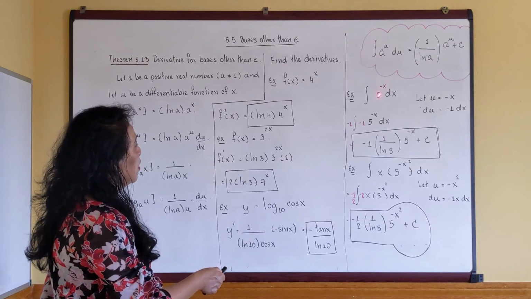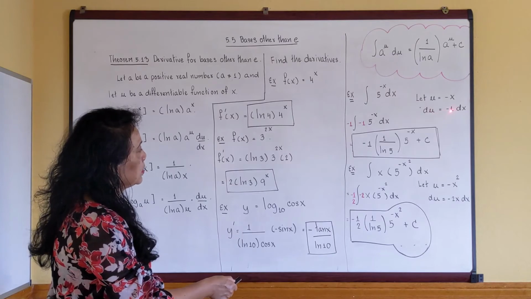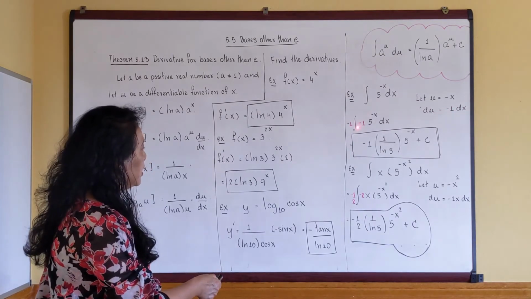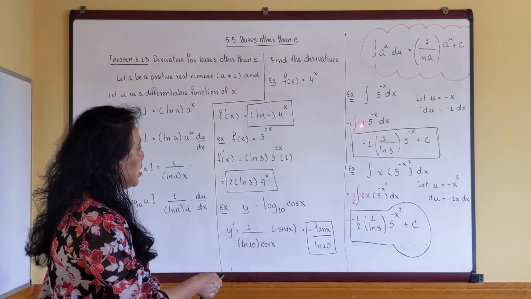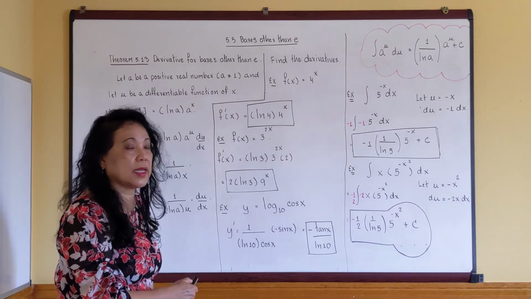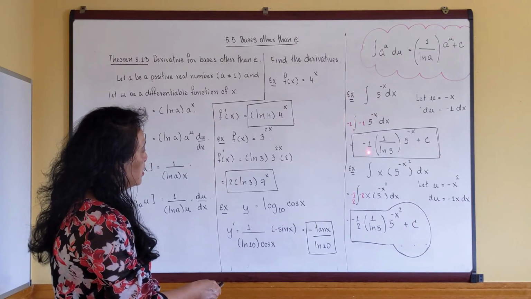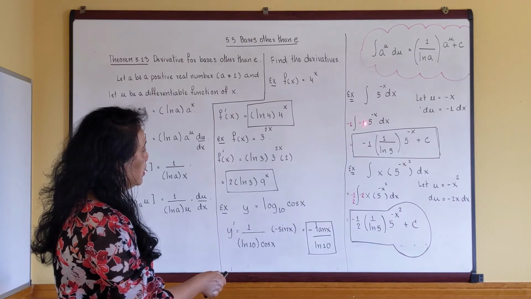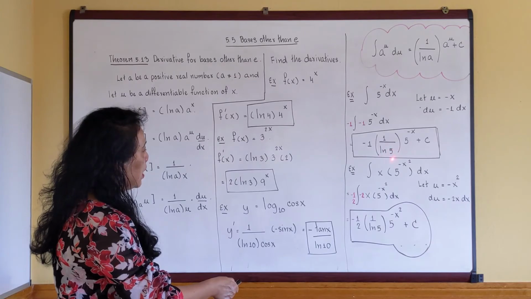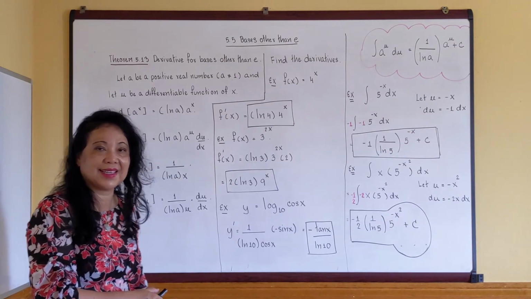I'm going to put it in the form of a to the u du. However, my du is negative dx and I only have dx here. So I need negative 1. So I multiply by negative 1 inside the integral and negative 1 outside. So it fits this formula. The negative 1 here is the same as negative 1 here. And the integral here would be negative 1 over ln 5 times 5 to the negative x plus c.